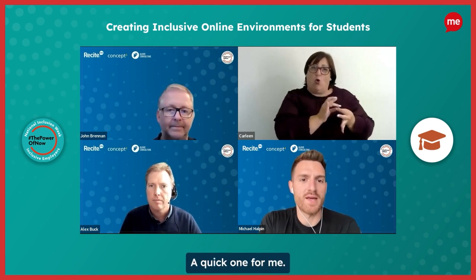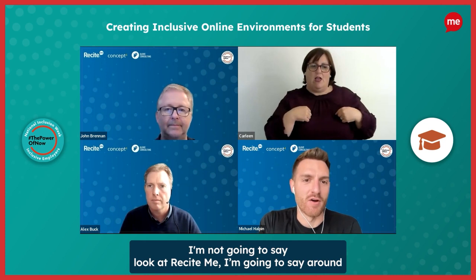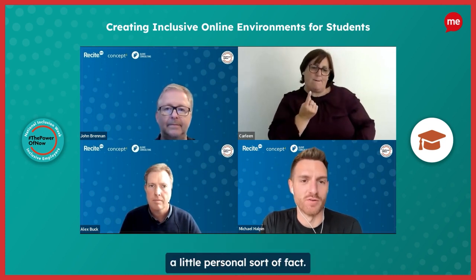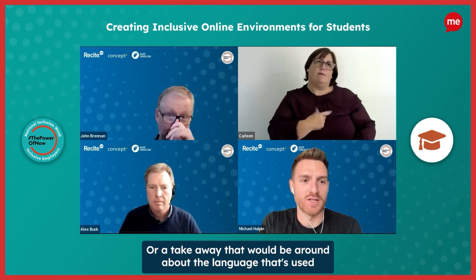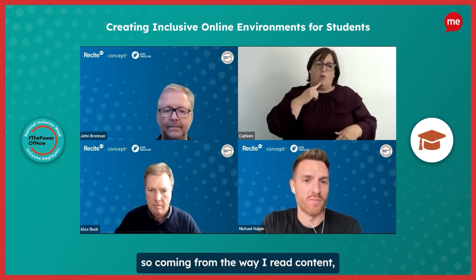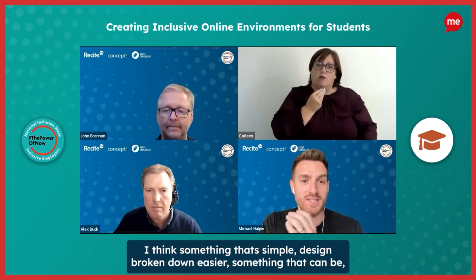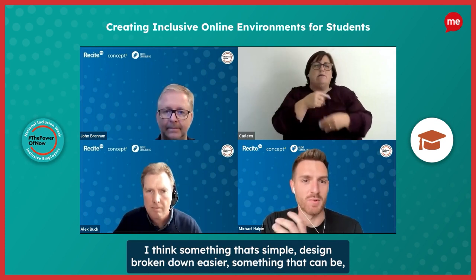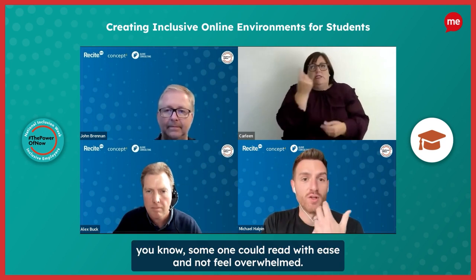A quick one from me. I'm not going to say look at Recite Me. I'm going to say, more of a personal takeaway would be around the language that's used. Coming from the way I read content, I think something that's simple, designed, broken down, easier, something that someone could read with ease and not feel overwhelmed.